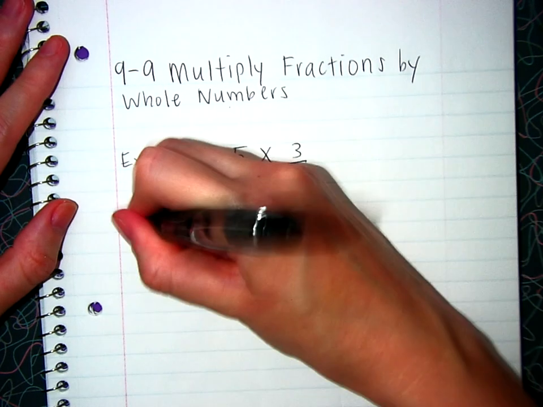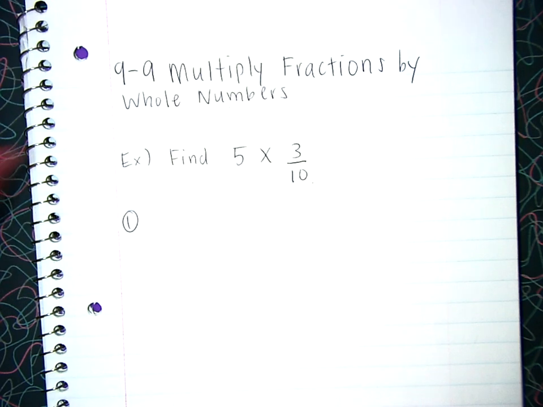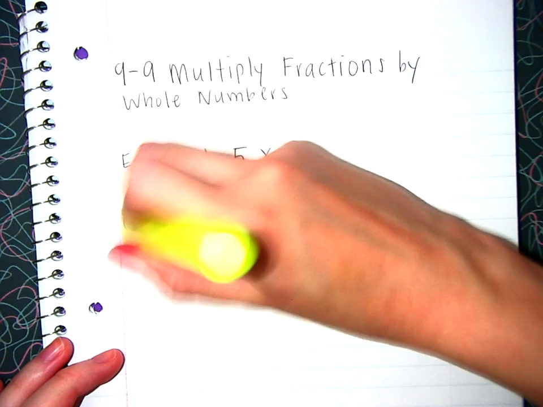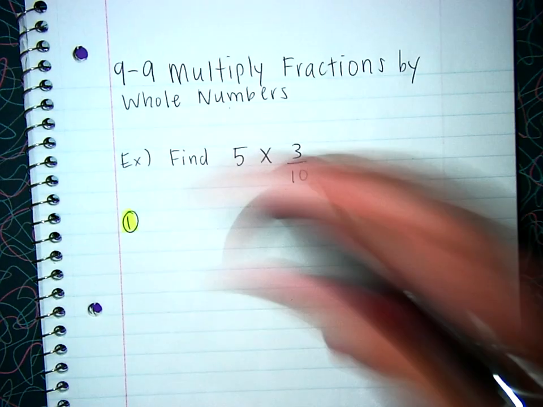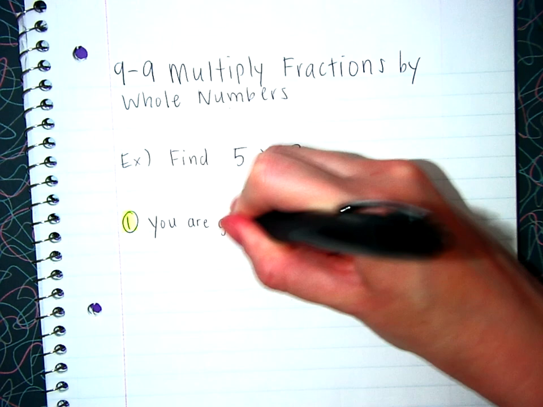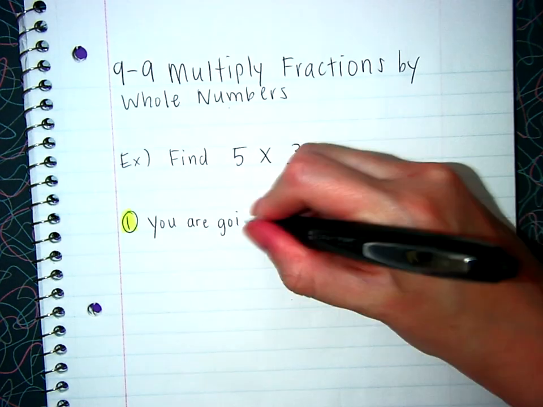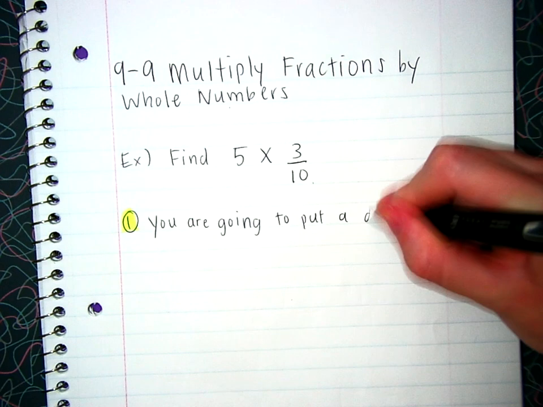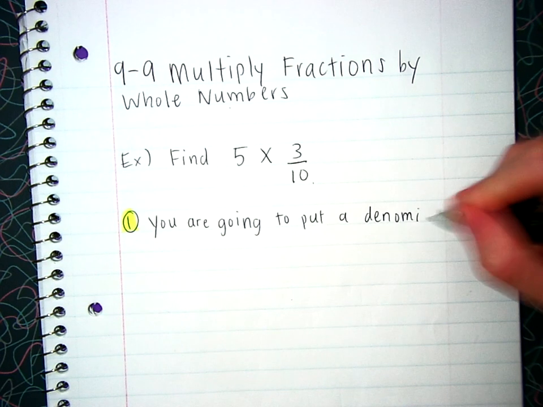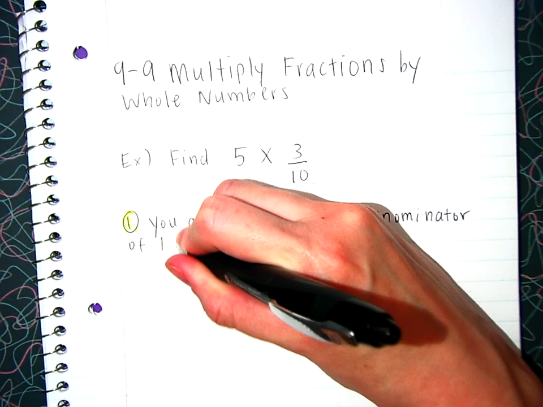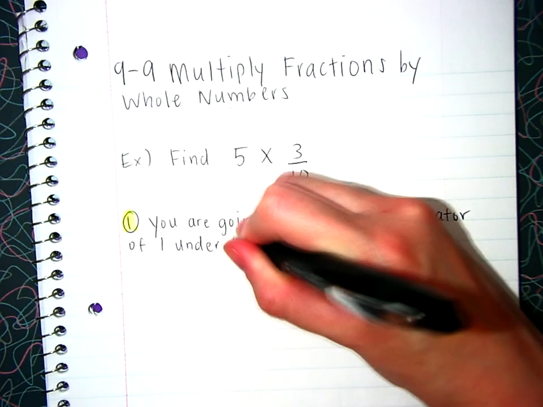So your first step, let me get my highlighter, is you are going to put a denominator of 1 under the whole number.